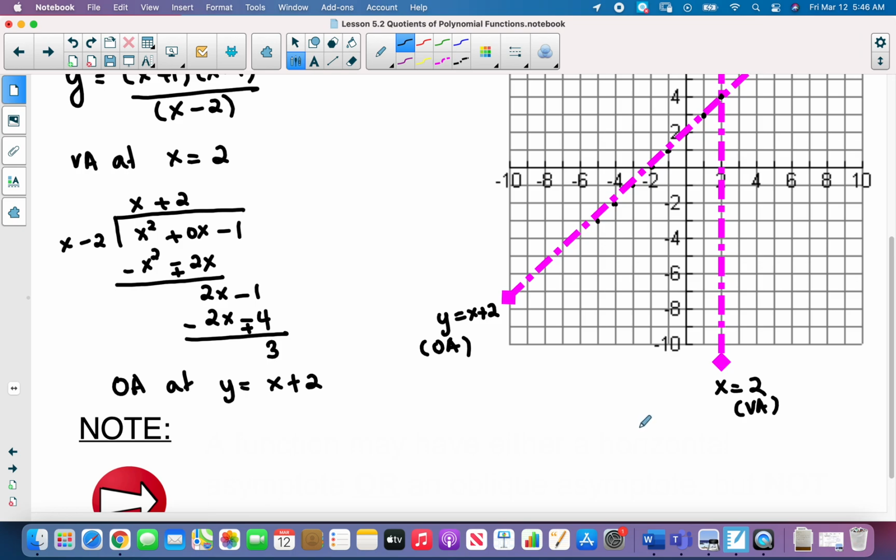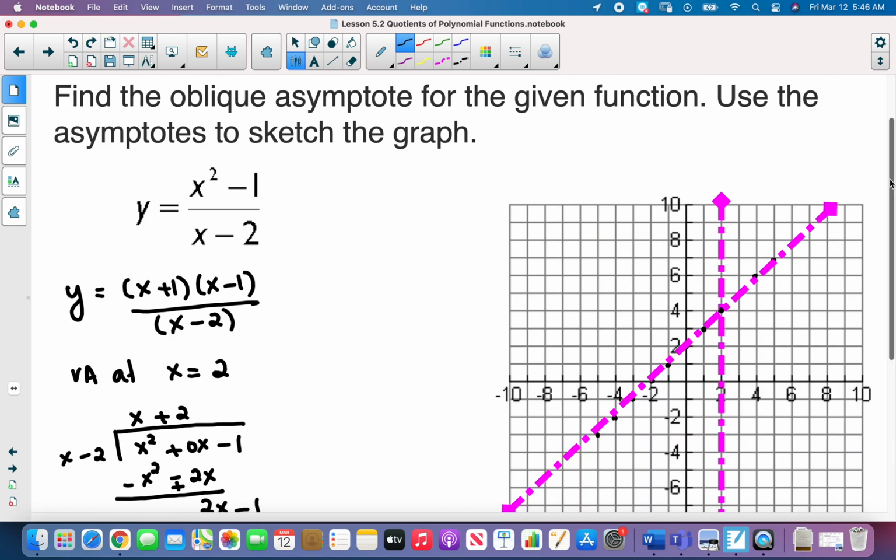And then we can also find other points. We can find if there is a y-intercept or an x-intercept and graph those points. If you put x equals 0 to find the y-intercept, the y-intercept value is 1/2.